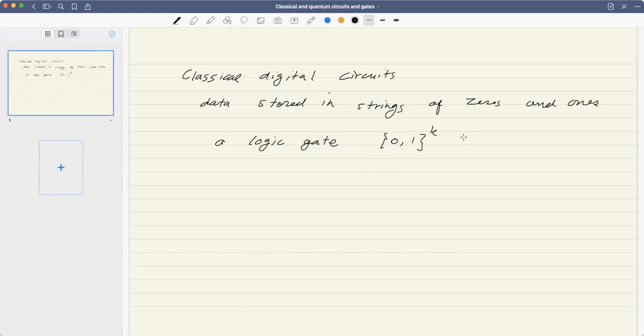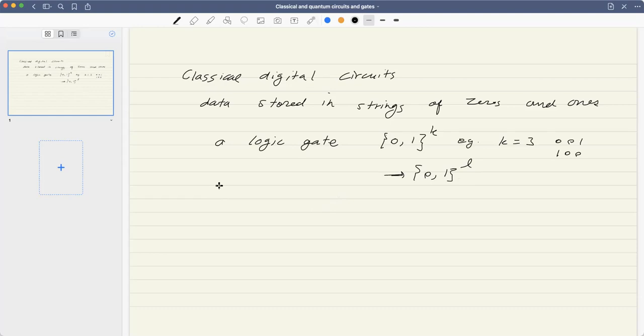So if, for example, k is equal 3, this can be something like 001 or 100. So it takes this bit string for k classical bits, not qubits, classical bits that can only be 0 or 1, and then maps it to some other bit string. And in general, it can be made of, let's say, L bits.